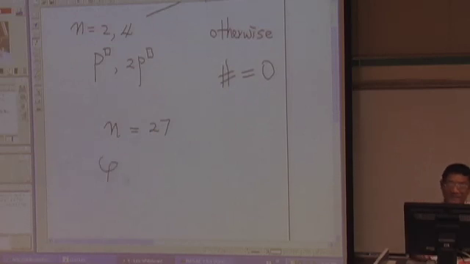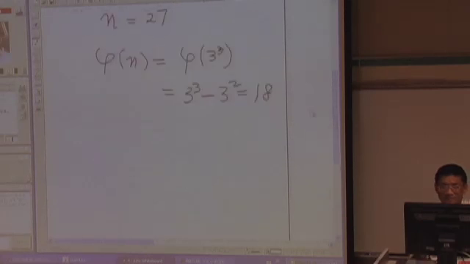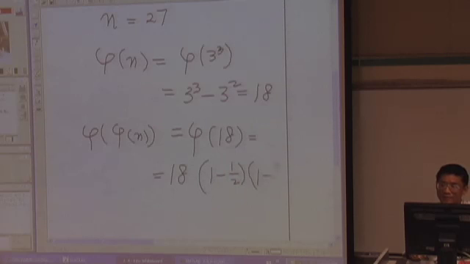Then the count is phi of phi of 27, or 3 to the power of 3. Phi of 27 is 3 to the power of 3 minus 3 to the power of 2, 27 minus 9, 18. So we need phi of 18, and phi of 18 equals 18 multiplied by 1 minus 1/2 and 1 minus 1/3, because 18 is equal to 2 times 3 squared.